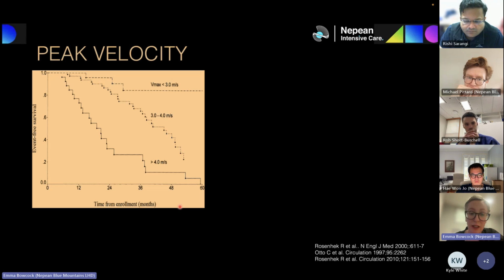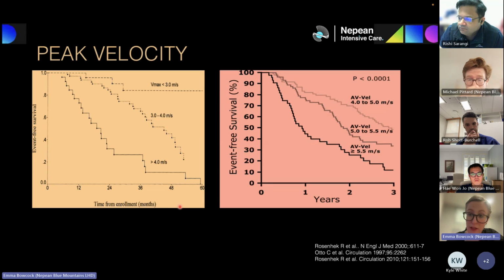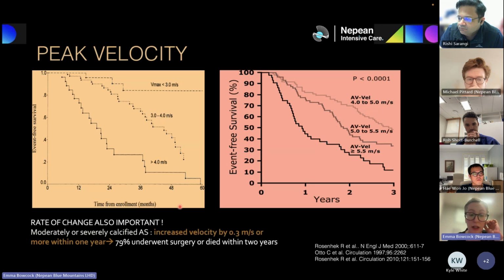Peak velocity, again, that natural time course, it's prognostic. I think that is pretty self-evident, and it really makes a difference. Someone between 3 and 4 compared to over 5.5, their survival is much, much less. So it's highly prognostic, the aortic valve velocity. There's a fair amount of data on that. And it's not just the actual number, but it's the rate of change as well.